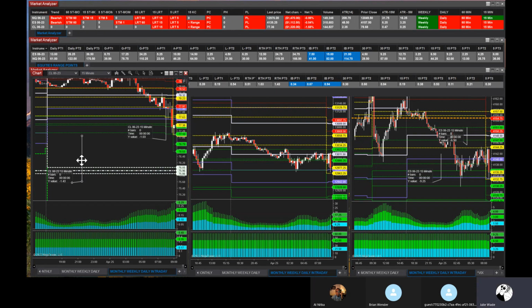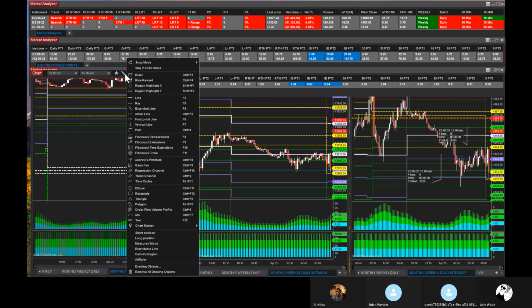There it is. And that would take it down to the end of the 3 for the 1 hour IB. And that would be for today's range.